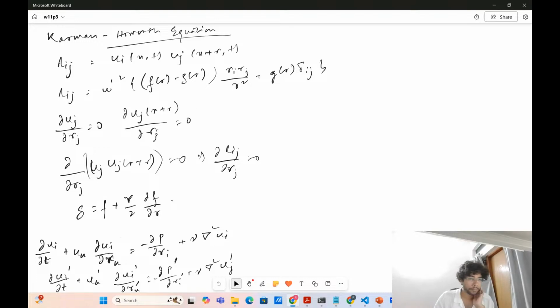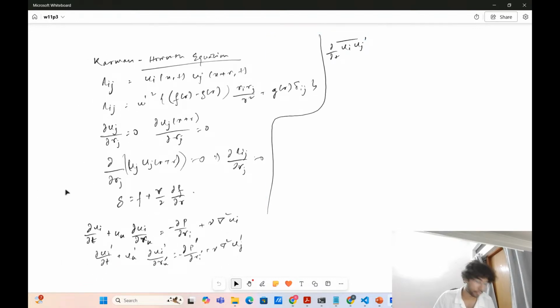Now what we do is multiply this equation with u_i prime, multiply the other equation with u_i, and add them up. Again, I will not derive the whole thing, but if you do that and then take an average, you will get something like this.